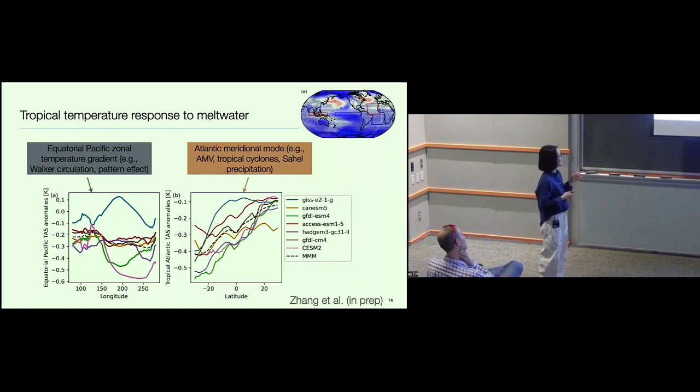So we can calculate these 2 indices, one number for each model, and look at how these 2 indices vary across the models based on their strength of the subtropical low cloud feedback, which earlier has been identified as a key driver of the intermodel spread.